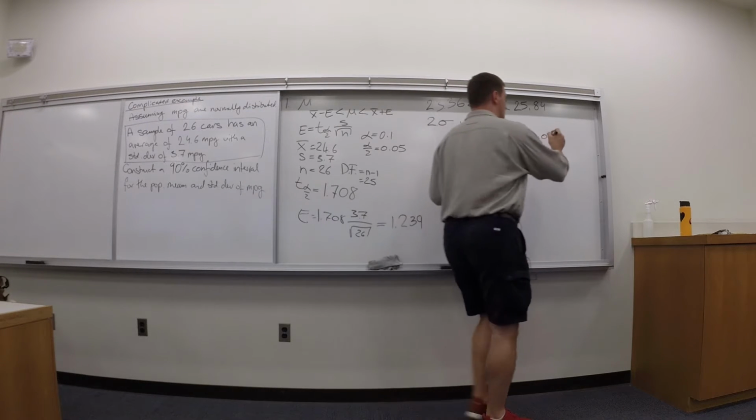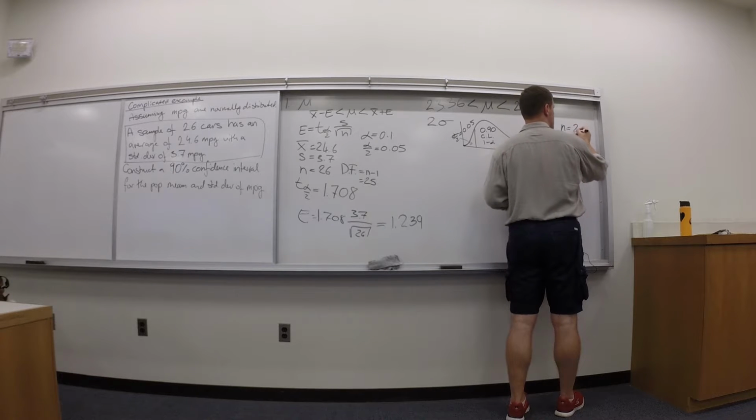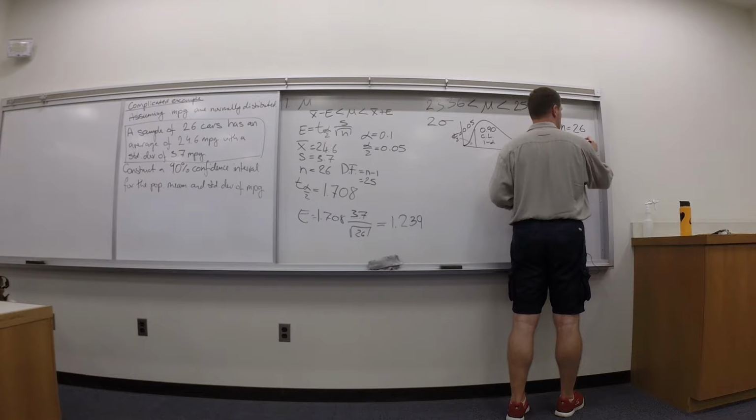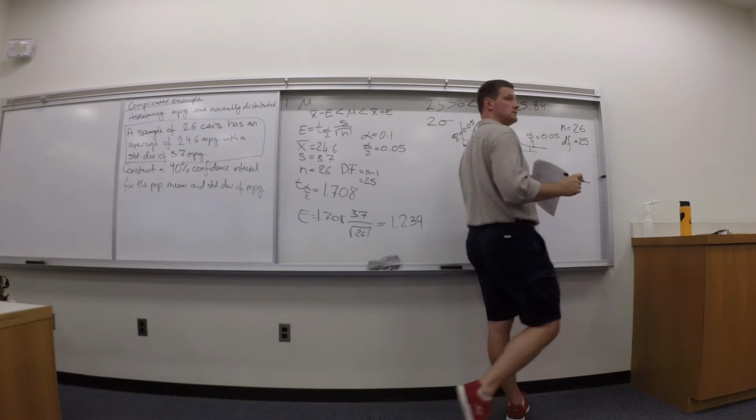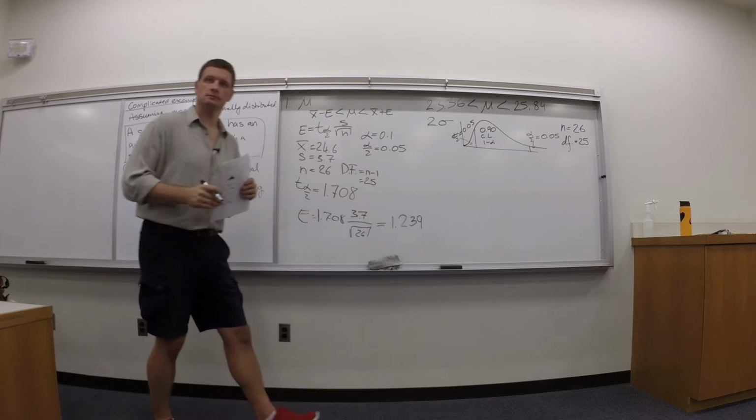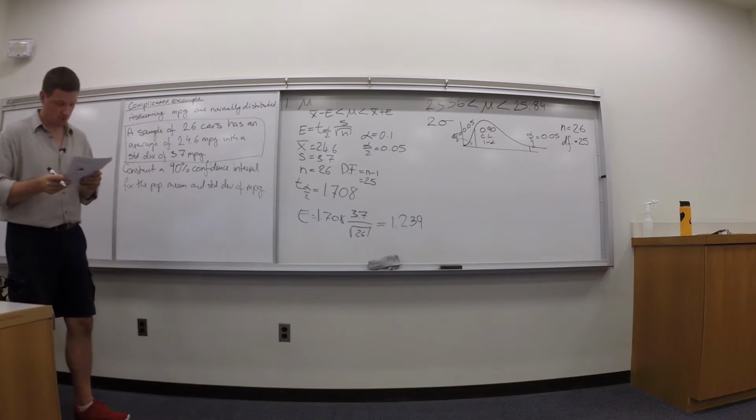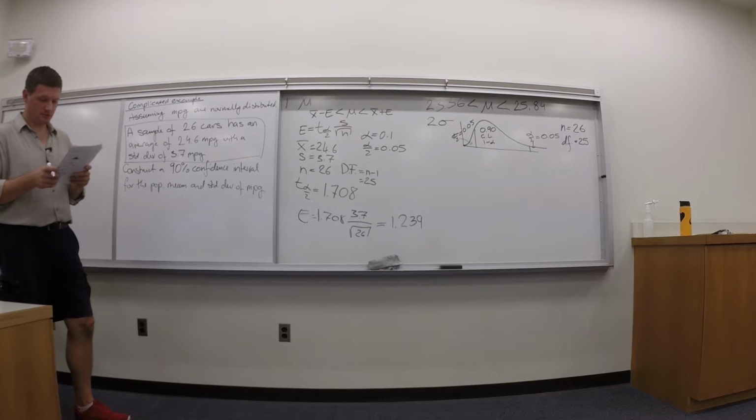Again, our n is 26, so our degrees of freedom are 25. So we're looking at degrees of freedom 25 and 0.05.